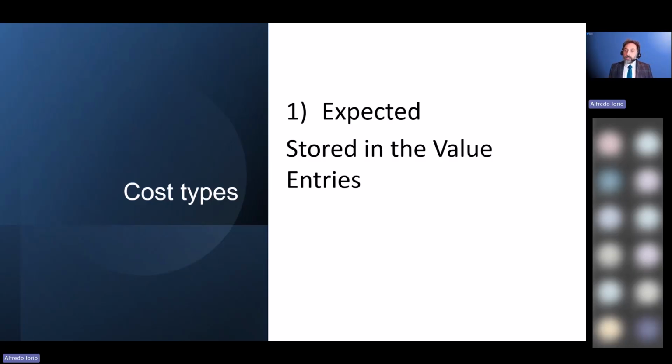So expected costs, like actual costs, are stored in value entries, but they can be stored only in the value entries if we don't enable expected cost posting. Think of value entries as a separate register that sits in between your physical inventory ledger, the item ledger entry in Business Central, and the general ledger.